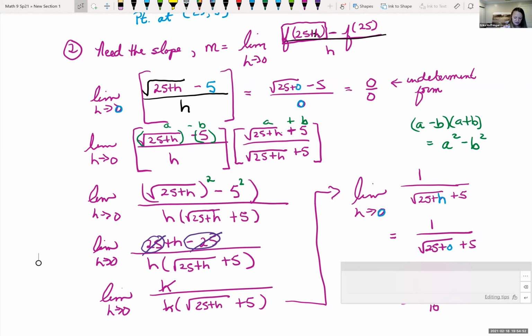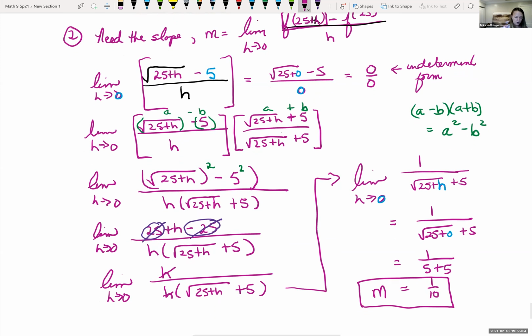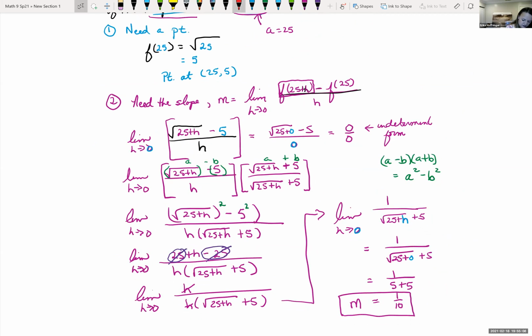So we just found our slope, our instantaneous rate of change at x equals 25. We had found our point above was 25, 5.